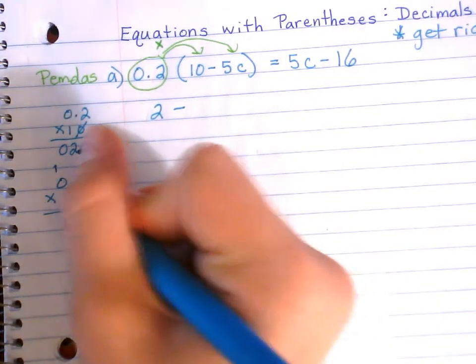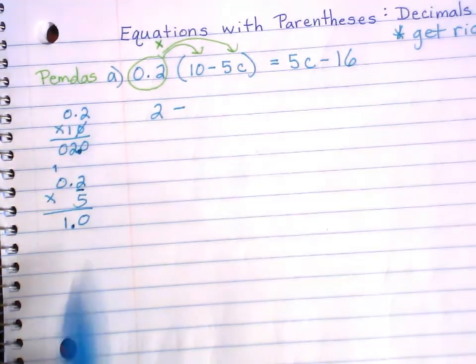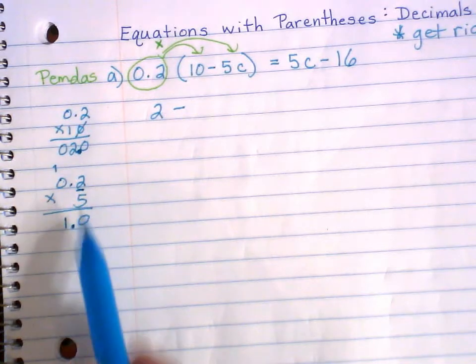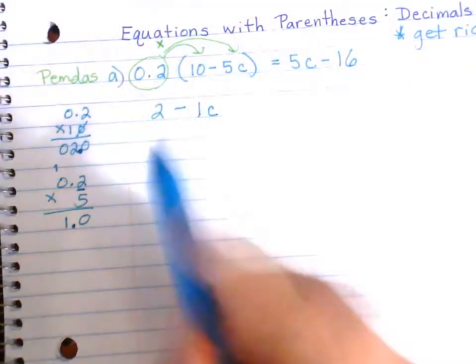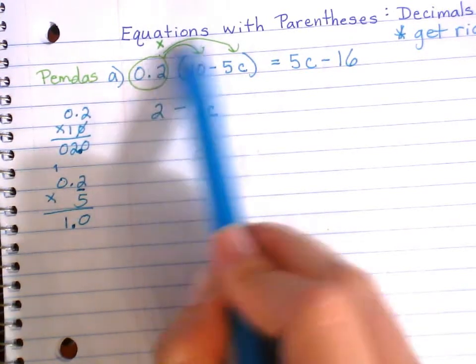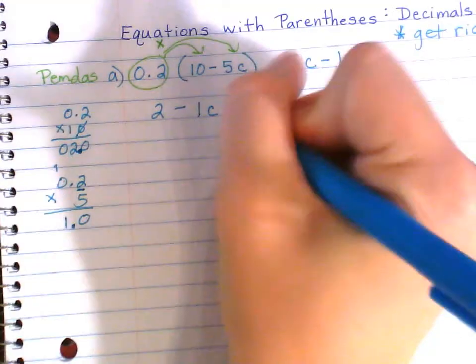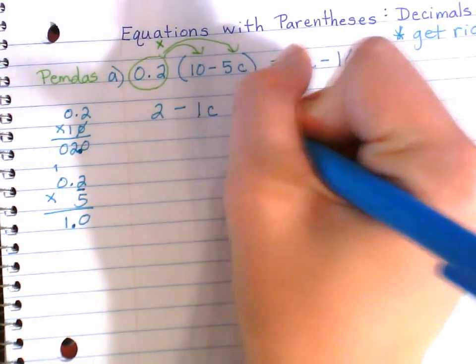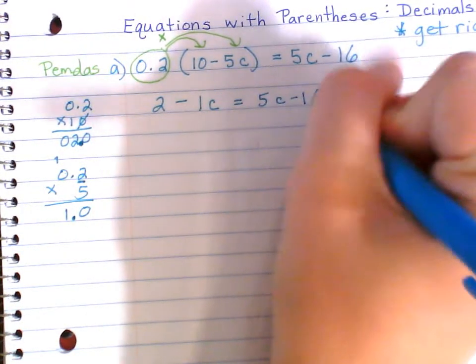One number behind the decimal in the problem, one number behind the decimal in the answer. So 0.2 times 5 is 1. 1, don't forget the c. So 0.2 times 10 is 2. 0.2 times a negative 5c is a negative 1c, which you didn't even have to write the 1 technically, since it's in front of the variable, and then just bring down the other side.